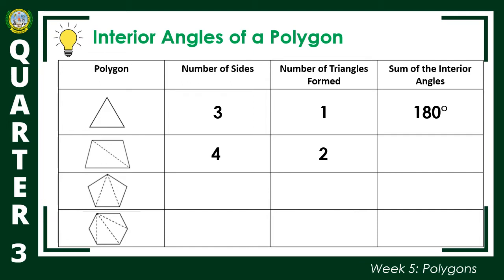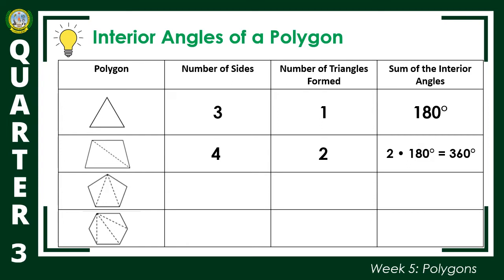And since in one triangle, there is always 180 degrees sum of interior angles, ibig sabihin po, ito times lang natin siya sa 2. Kasi dalawa yung triangles natin. So that is 2 times 180 degrees, which will give us 360 degrees. Okay? So ito po yung magiging sum ng interior angles ng quadrilateral.